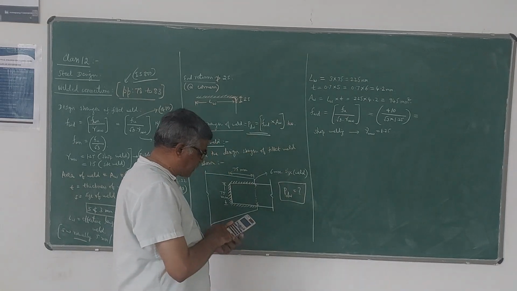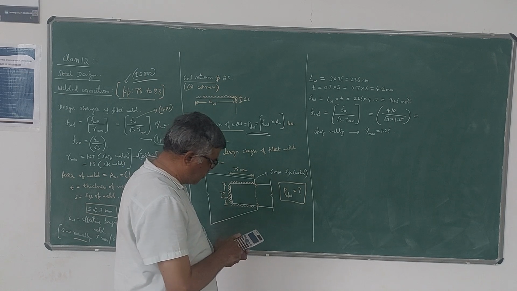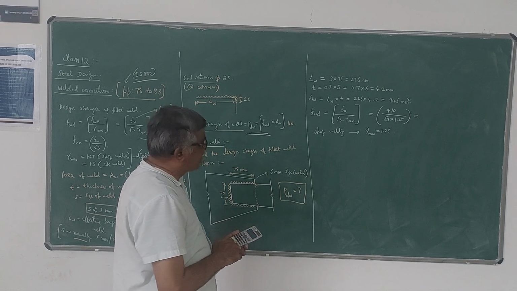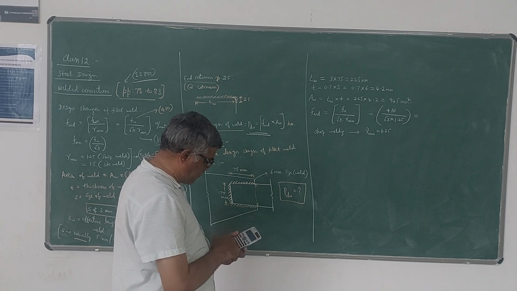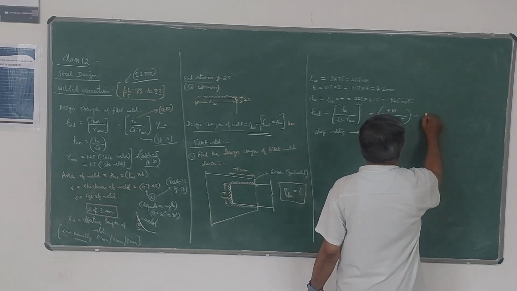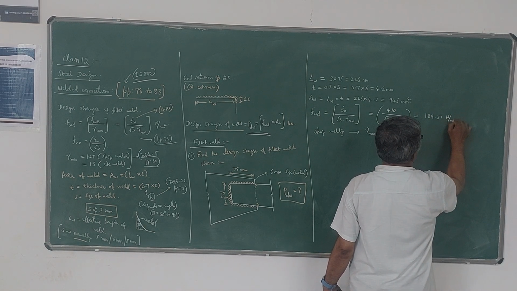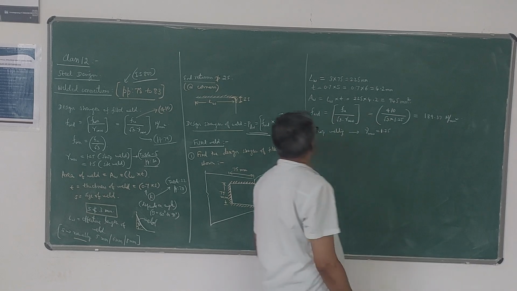Let us calculate that. 410 divided by root 3 divided by 1.25, you are going to get 189.37 Newton per millimeter square. This is the value of FWD.